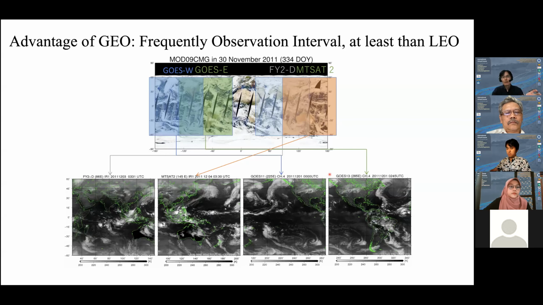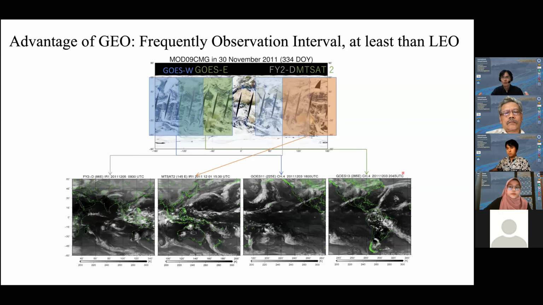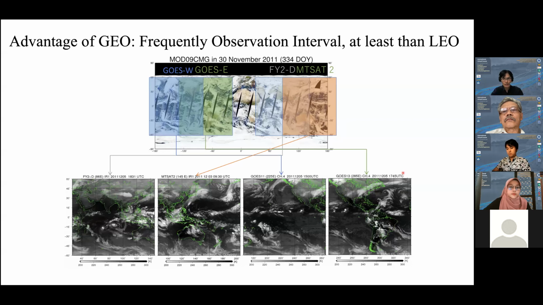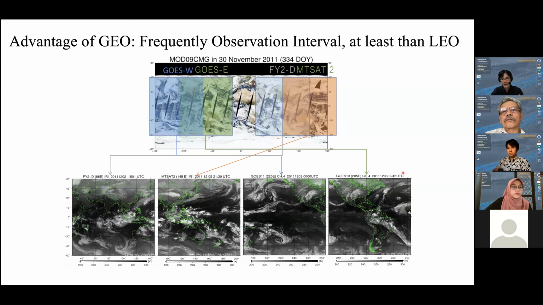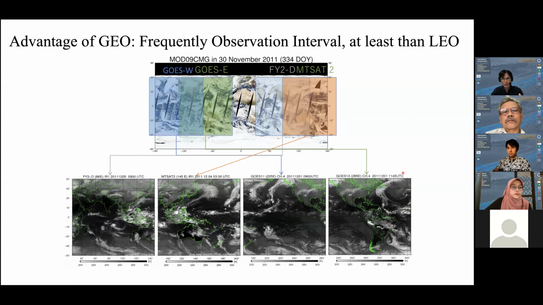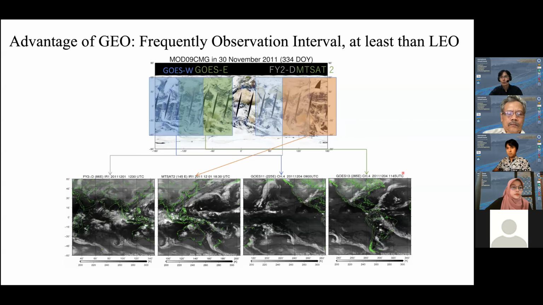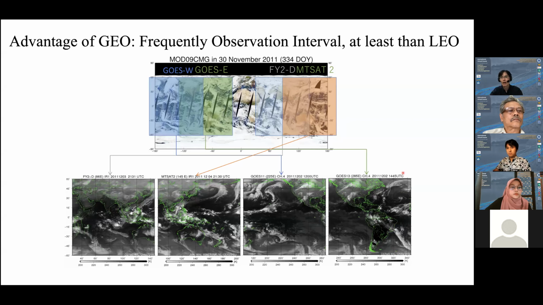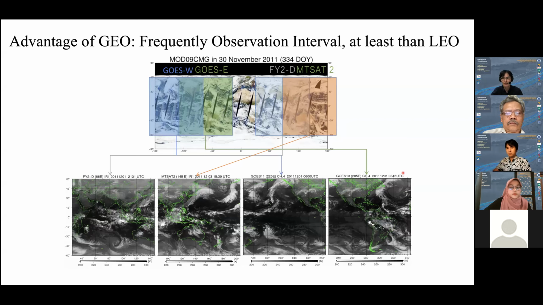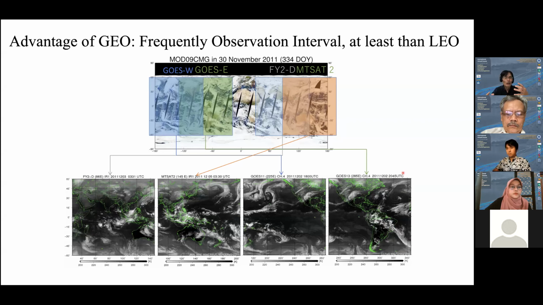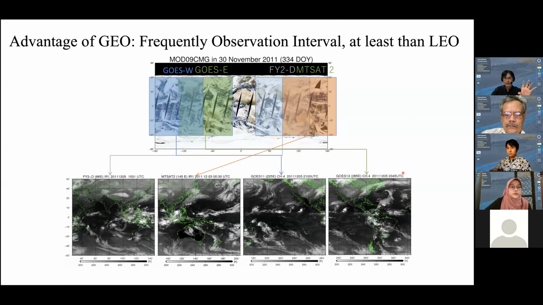So if we want to capture the whole globe with geostationary satellites, at least 4 or 5 geostationary satellites will be required to cover the whole of the Earth's surface, combining their data.